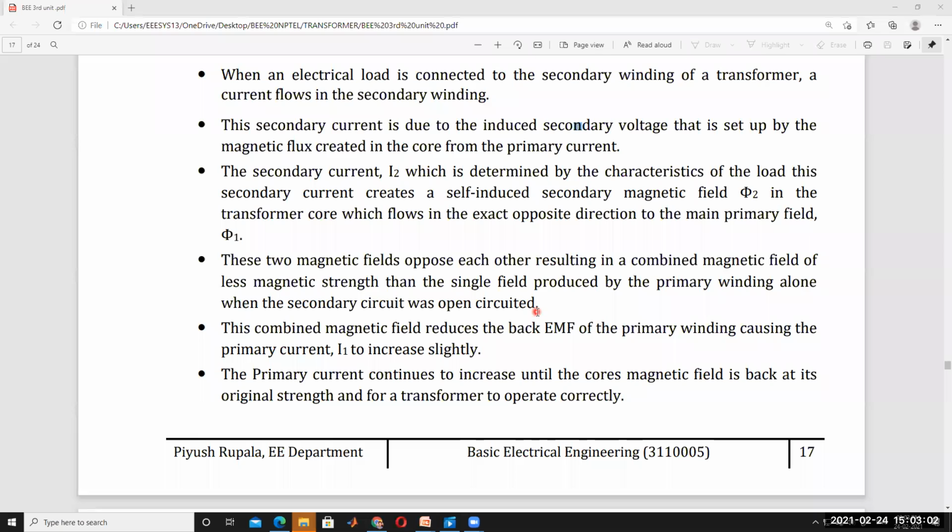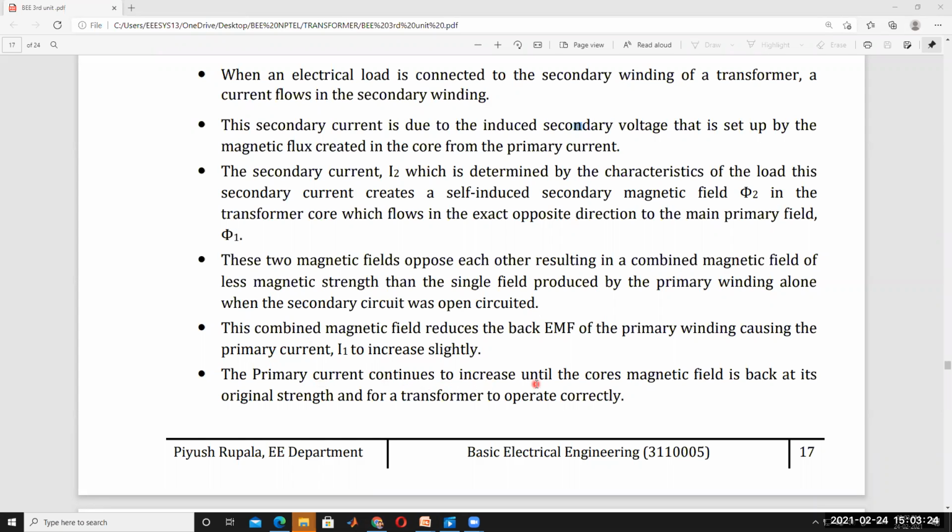Under open circuit condition, only one field is present, from the primary side. This combined magnetic field reduces the back EMF of the primary winding, causing the primary current I1 to increase slightly.